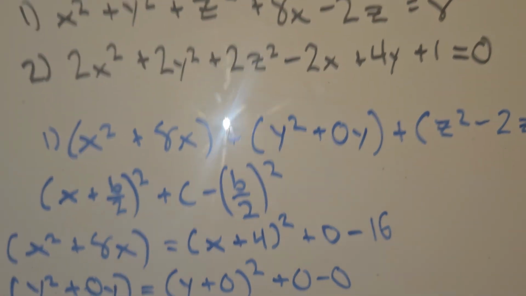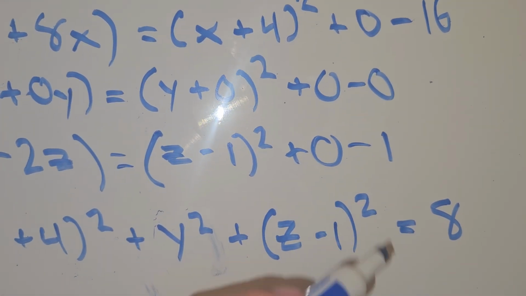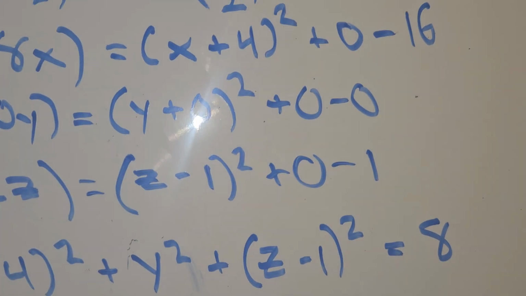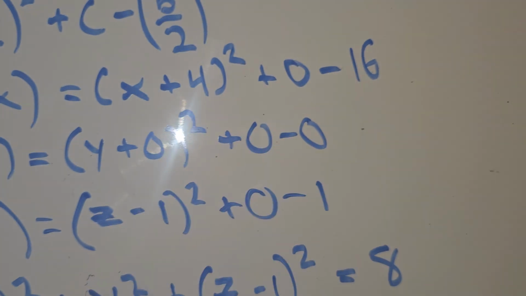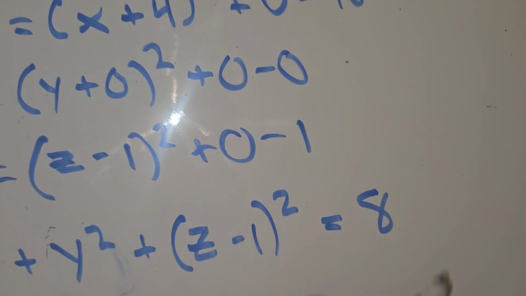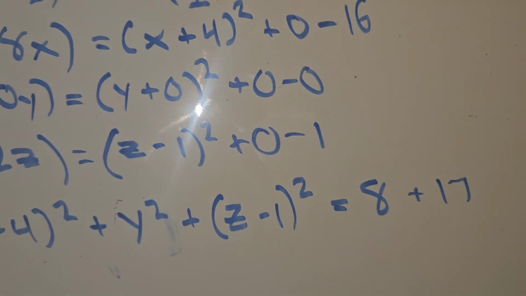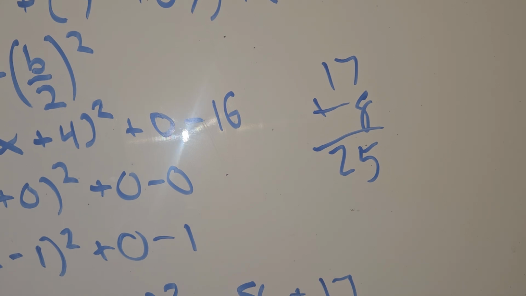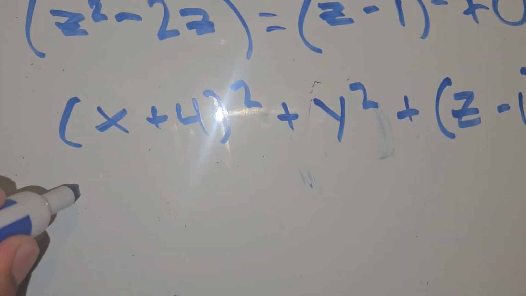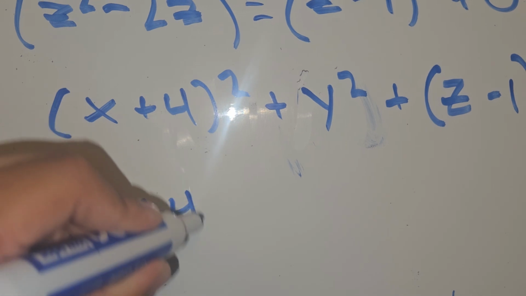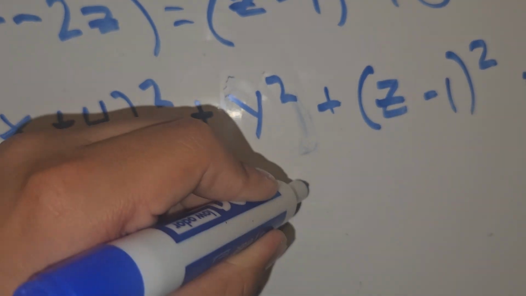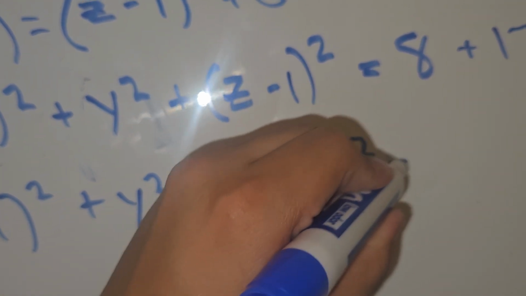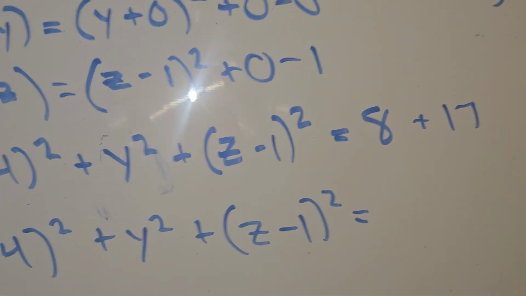That's how it's looking so far. So that's negative 16, 0, negative 1. Combine these ones. Negative 16 minus 1, that's negative 17. So we're going to add a 17 here. And 8 plus 17, I can't do that in my head. What is that, 25? 25. All right, so now this is x plus 4 squared plus y squared plus z minus 1 squared equals 25.